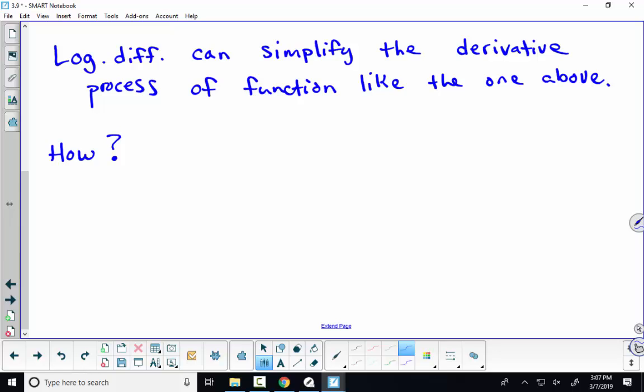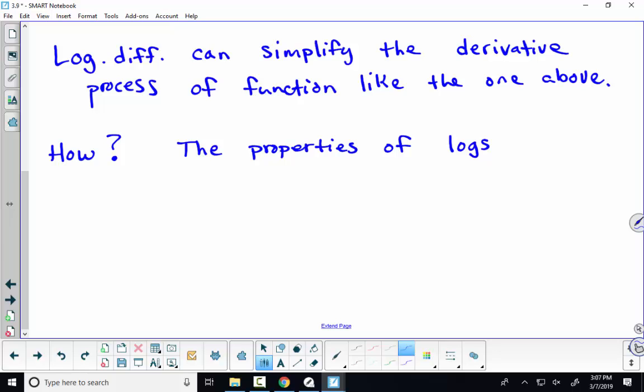So here you definitely have to remember the properties of logarithms. We had three properties of logarithms: one that dealt with products, one that dealt with quotients, and one that dealt with powers.